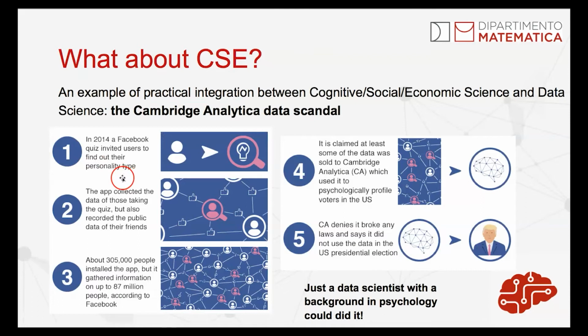Just to give you an idea, go back to the so-called Cambridge Analytica data scandal.